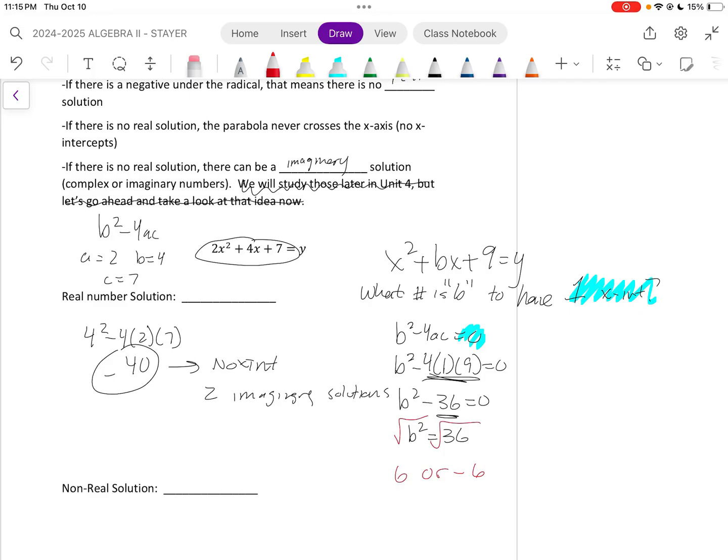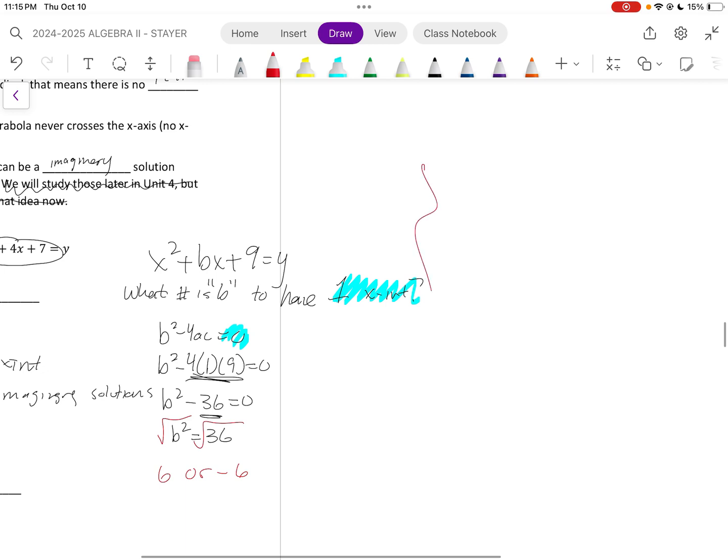Let's see, pretty close to it. I think there it is, yes. All right, let's say that an object follows this equation. H equals 80t minus 16t squared.